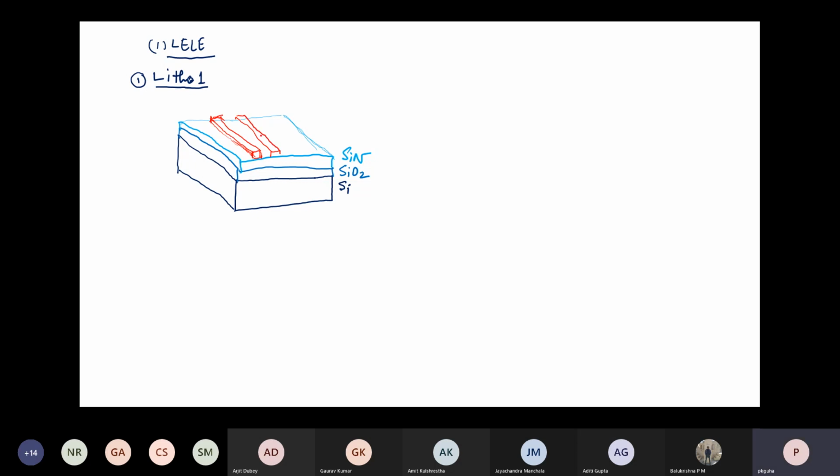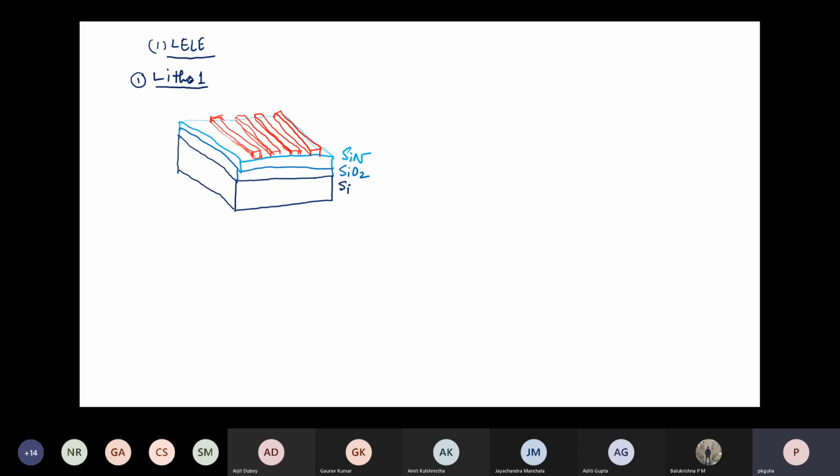These are my resist. Use UV lithography or immersion lithography to write these resist patterns.